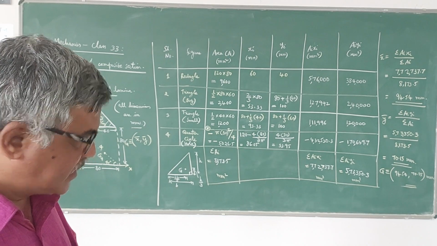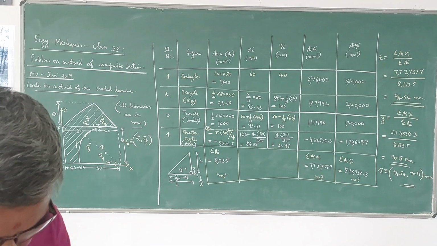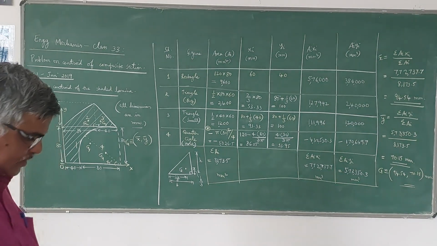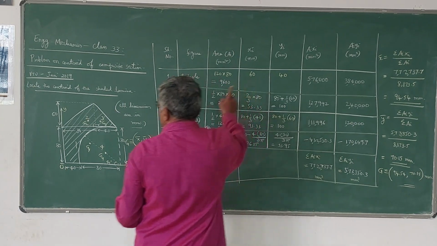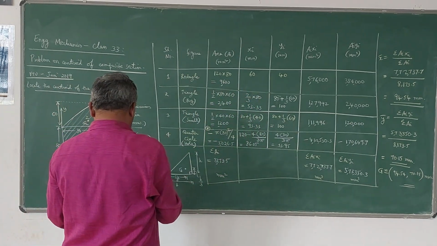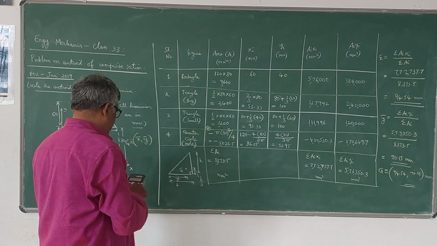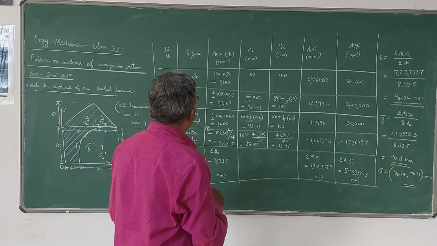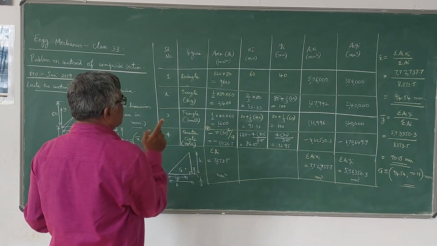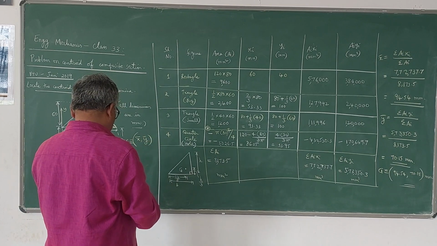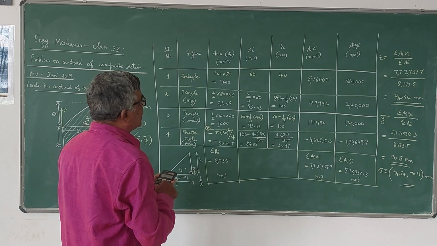Okay. X bar I will check once again. Just check once again x bar value. 9600 into 60. Yes. 576000. Okay. Then 2400 into 53.33, which is 127992.